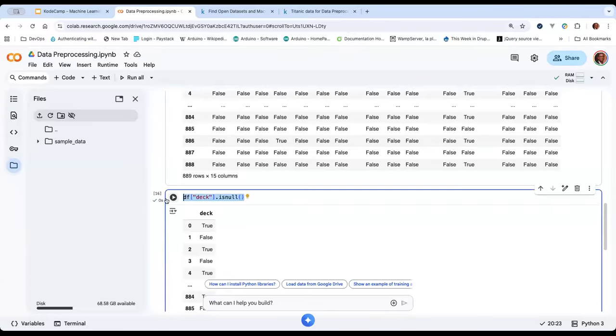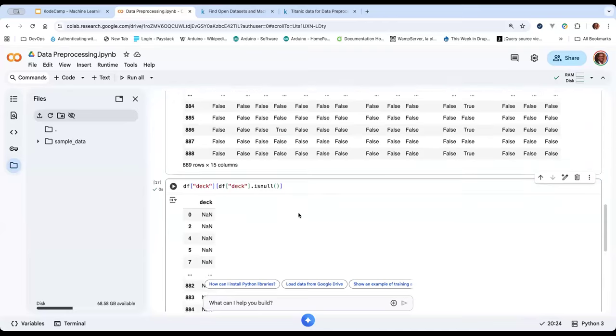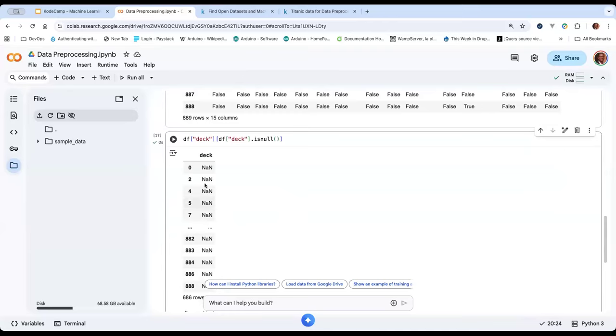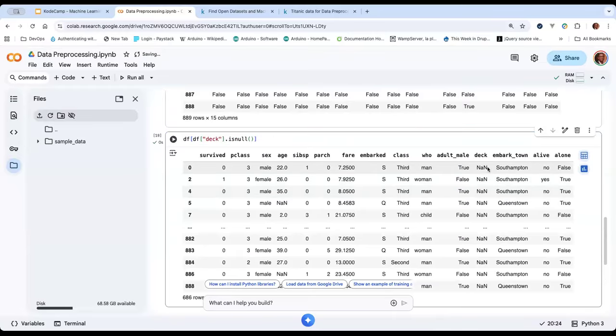Then when I put that, it will give me just those ones that are nans. And I could also just do this, right? Instead of giving me the whole column, it will give me the entire data frame, but only the ones where deck is null. So this is how you can find some of them that are null.